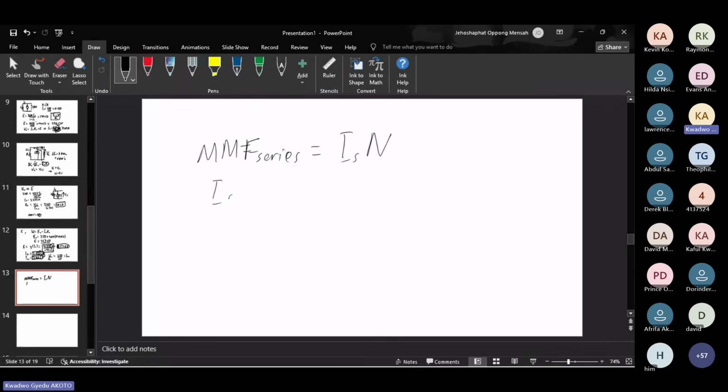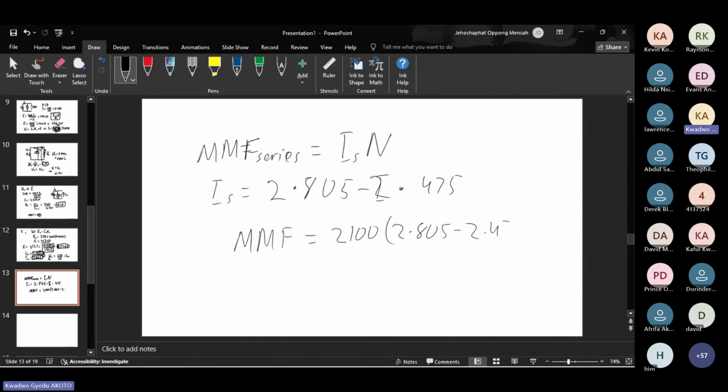And our series current is going to be equal to our total field current, which is the current being supplied by series field and shunt field, 2.805, minus the current being supplied by our shunt field alone, which is 2.475. So our MMF from our series field is going to be number of turns 2,100 times 2.805 minus 2.475, right?